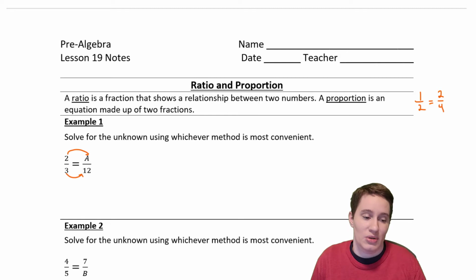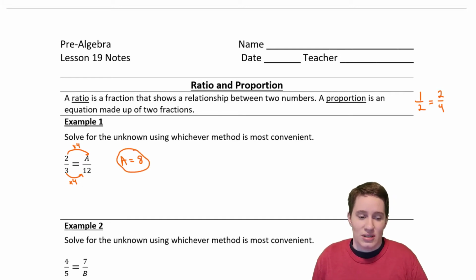Here's what I mean. I know that 3 times 4 is 12, so the same relationship has to be happening on top as well. So we do 2 times 4 to figure out what A is. That means that A equals 8. So that's our answer.